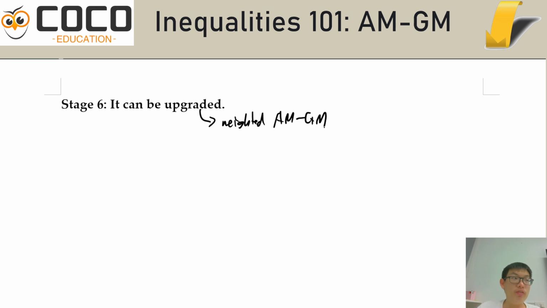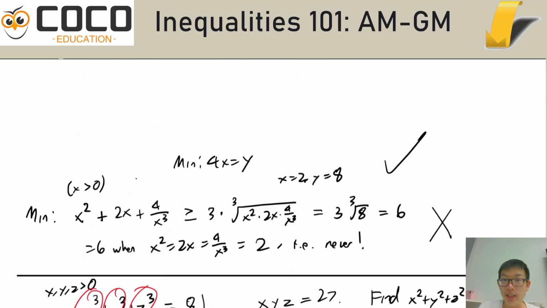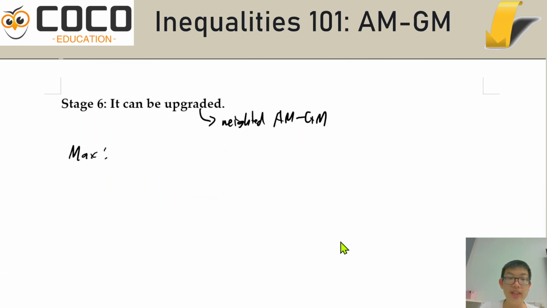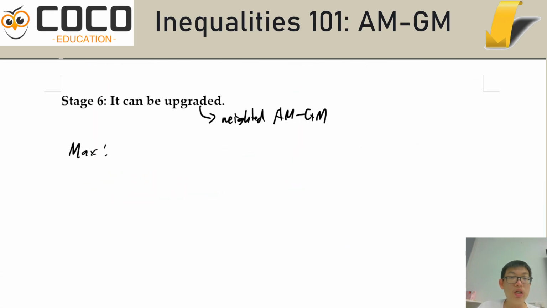Now, here's an example. Very simple. Let's say that now I asked you for the maximum value instead of what we had earlier, which is, let's say, x plus 5, 15 minus x, 2x plus 9, 15 minus x, 15 minus x. Let's say that I ask you for the maximum of x plus 3, 10 minus 2x.